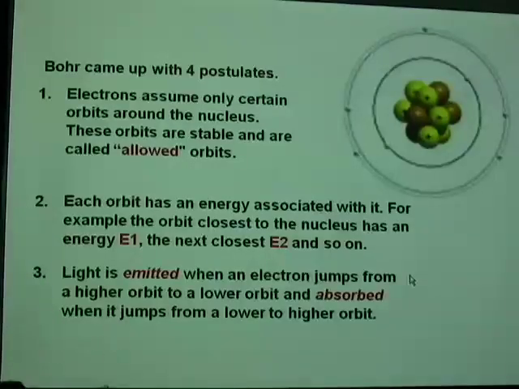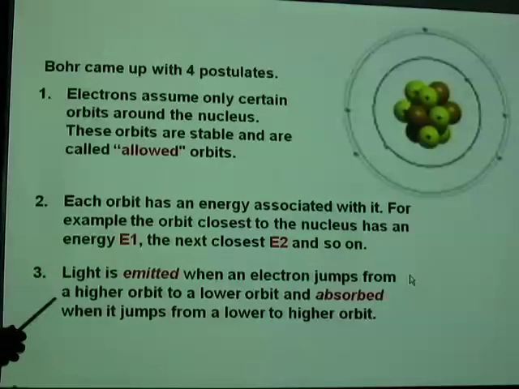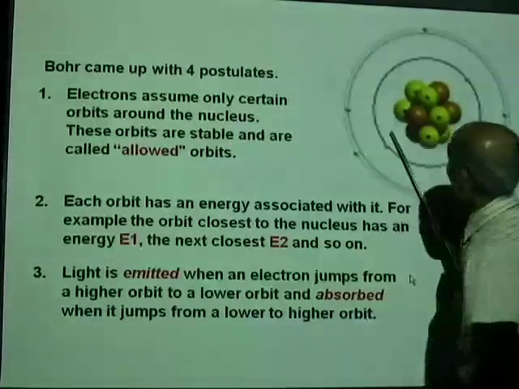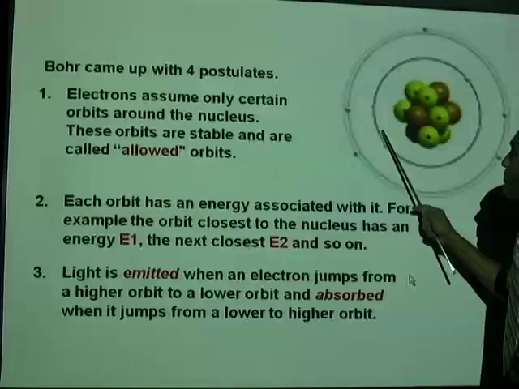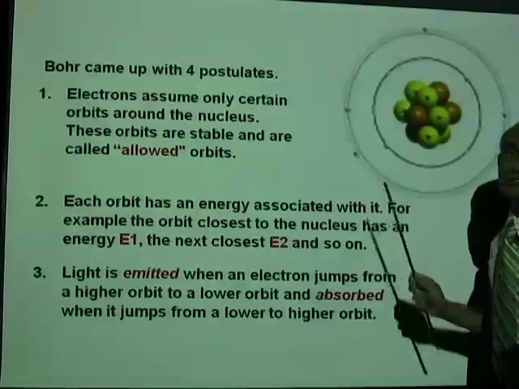The third postulate that Bohr came forward with is light is emitted when an electron jumps from a higher orbit to a lower orbit, and absorbed when it jumps from a lower orbit to a higher orbit. Now, where is the energy of the electron more? Is it in the inner orbit or in the outer orbit?